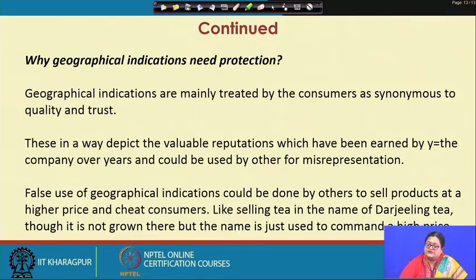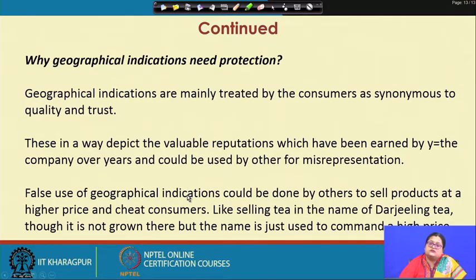Why it needs protection is that geographical indicators are mainly treated by consumers as synonymous with quality and trust. So, this in a way depicts the valuable reputation earned by the producers over years, which could be used by others for misrepresentation.